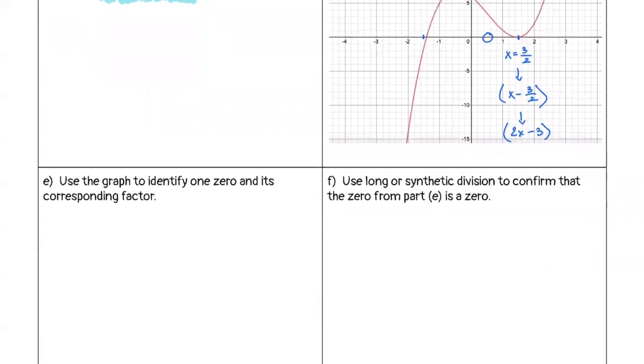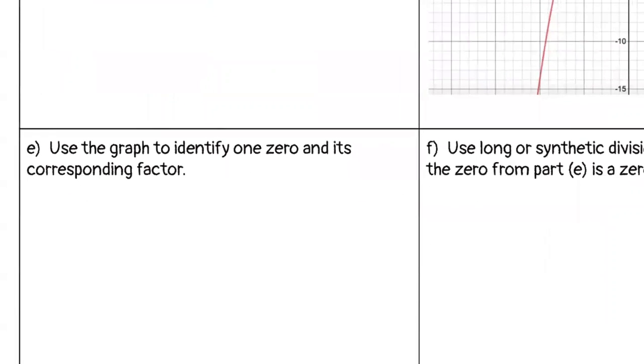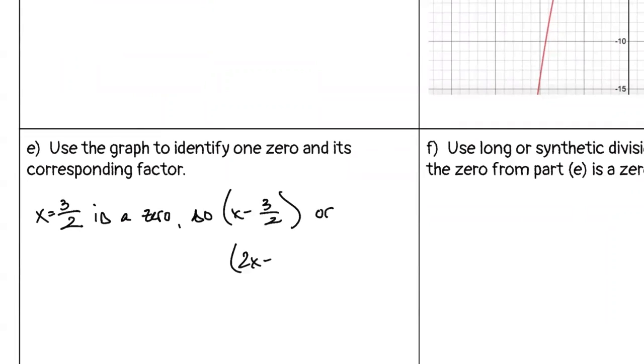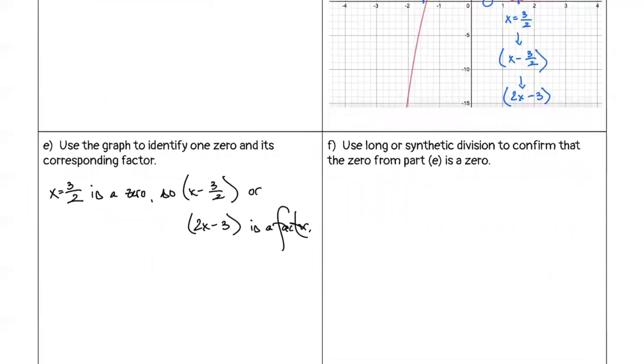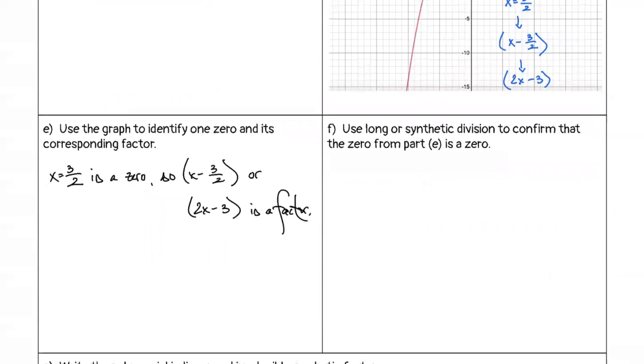So, according to our graph, a good guess might be x equals 3/2 is a 0. So x minus 3/2 or 2x minus 3 is a factor. Now, we're going to hold on to this piece because this is a little bit less important for step F. We will come back to this in a later step.